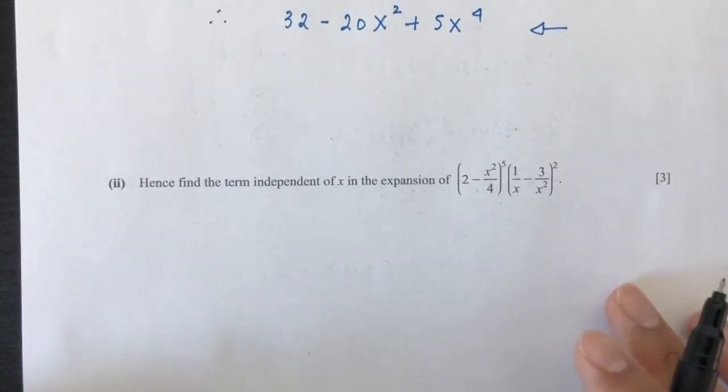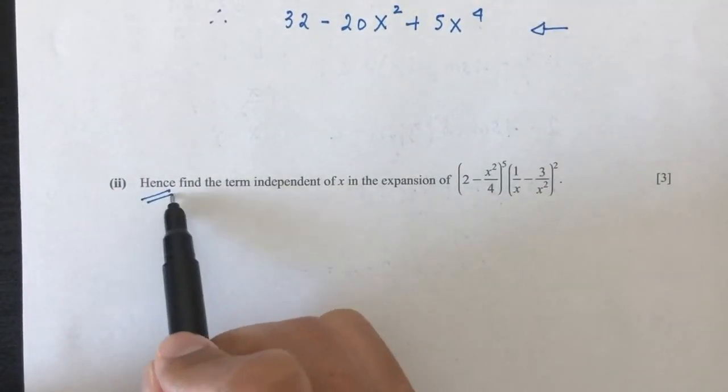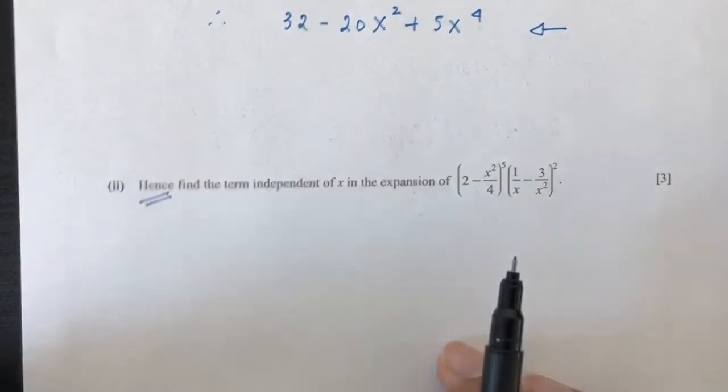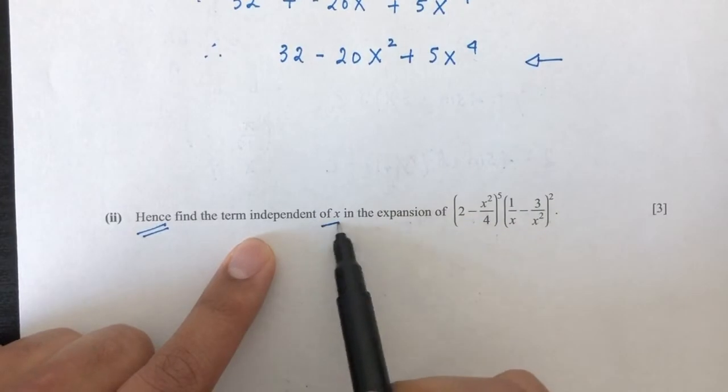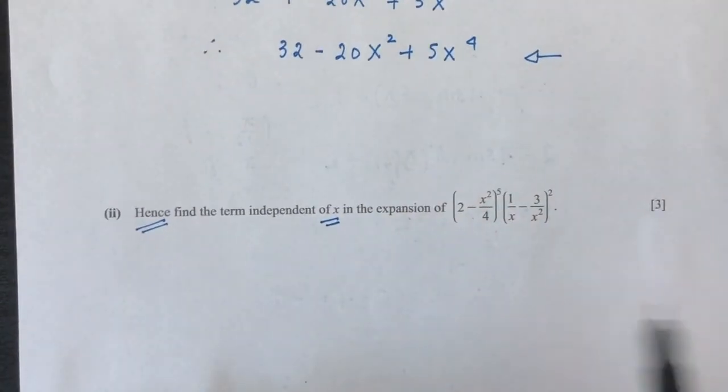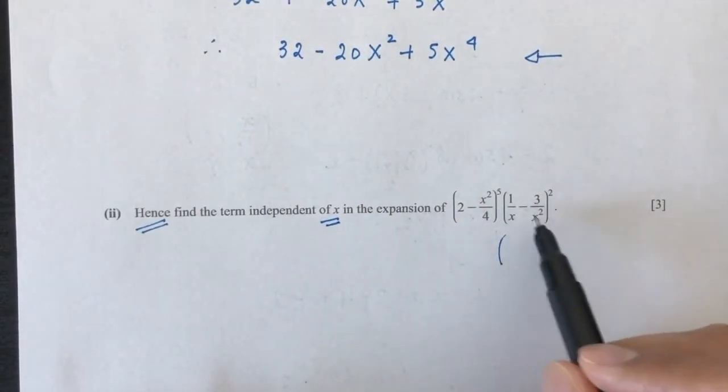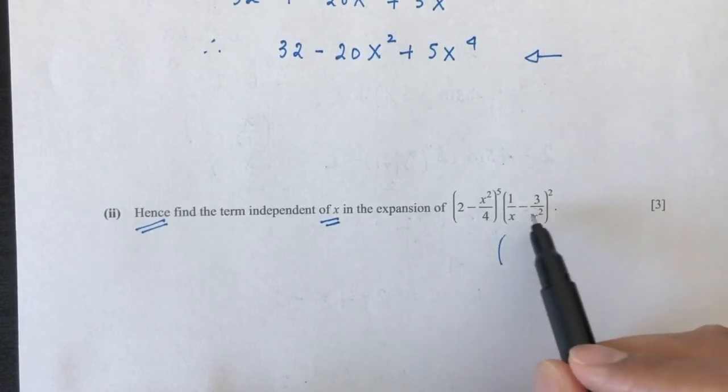So now for part B, it says hence. So part 2, hence. Whenever you see hence, you have to use your answer from part 1. Find the term independent of x in this expansion. So what is this expansion here? As you know, this should be pretty easy for you.